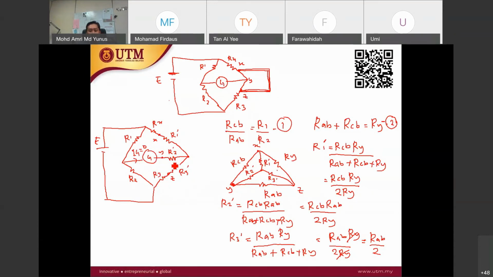Okay, this is a Wheatstone bridge. So at this point, we can consider this as balance.